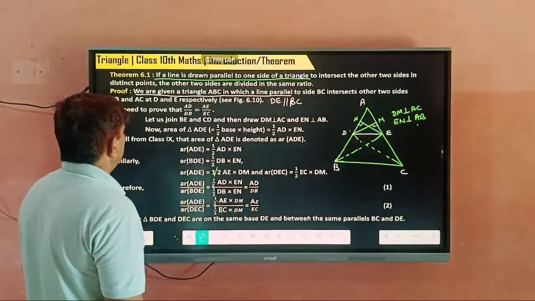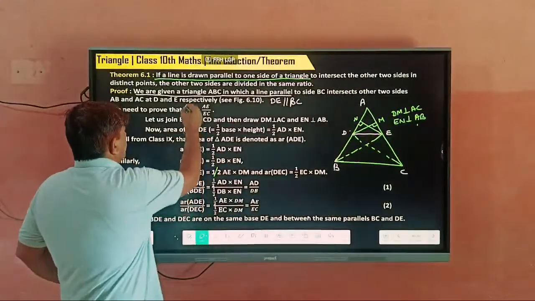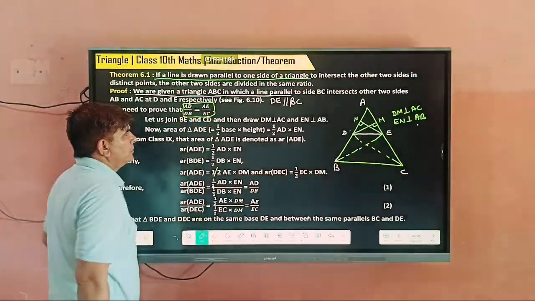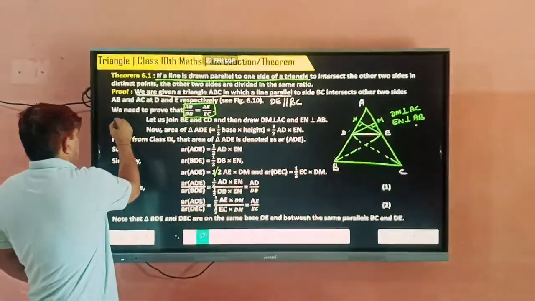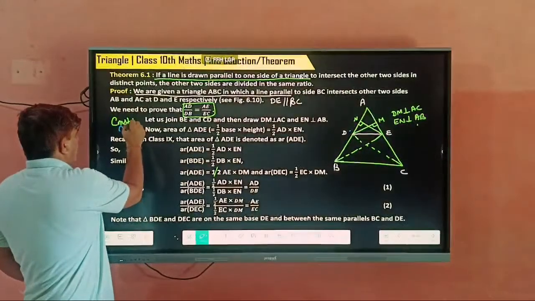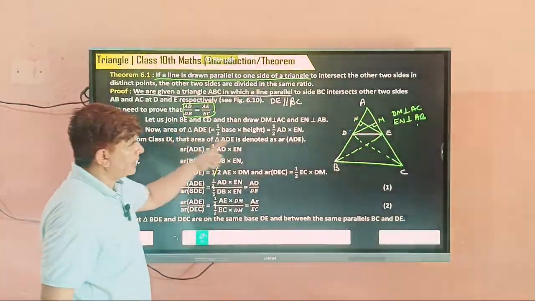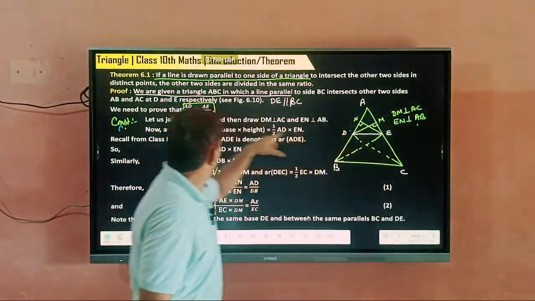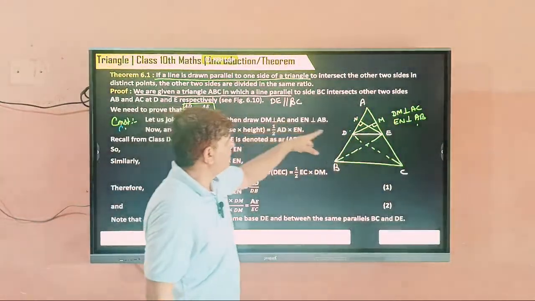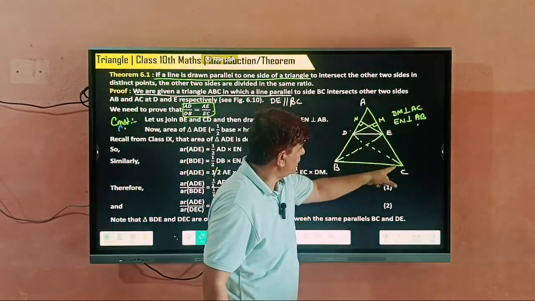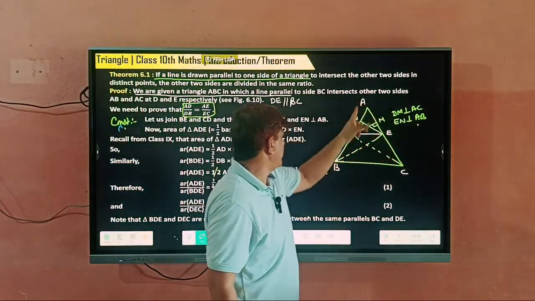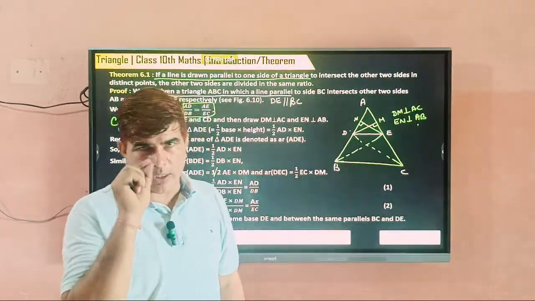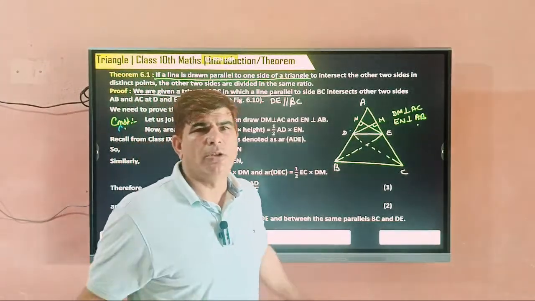Then the construction: let us join BE and CD, and draw DM perpendicular on AC and EN perpendicular on AB. There is only one key point in this theorem; if you understand that point, you will easily be able to show it.